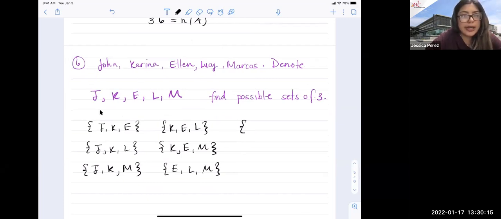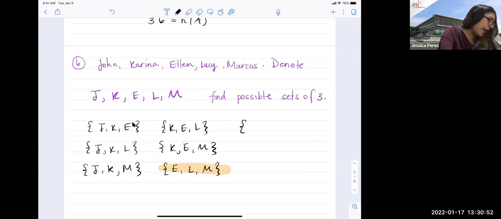I could do a variety with each one. And of course, you have to be very careful. You can do a variety of different ones. So the last one you can have is this E, L, M for the last set. So if you have J, K, E, of course, you can have a mixture of them.